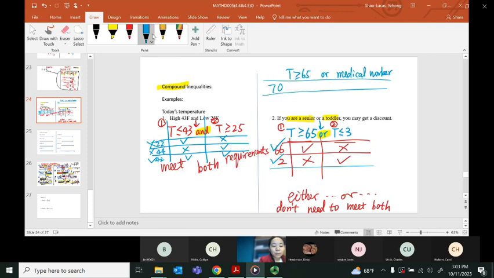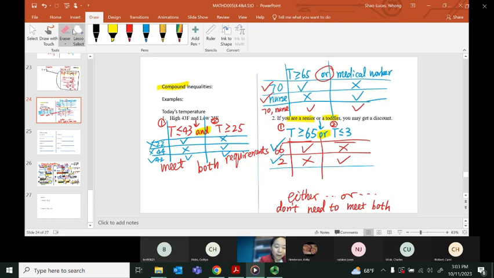She meets the first requirement, does not meet the second, and she is still eligible because of the word or. If you have someone who is a nurse but only 23 years old, she doesn't meet the first requirement but meets the second, so she's also eligible. You may have somebody who is 70 years old and also a nurse, meeting both, which is even better. You can meet both, but you don't need to.